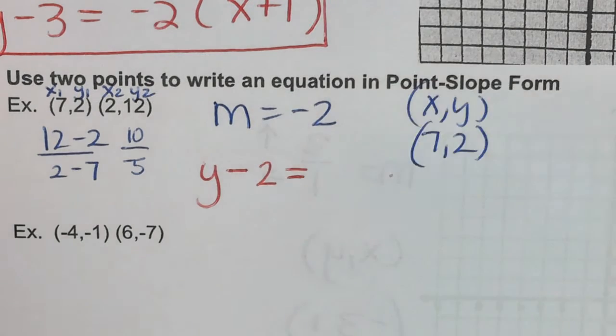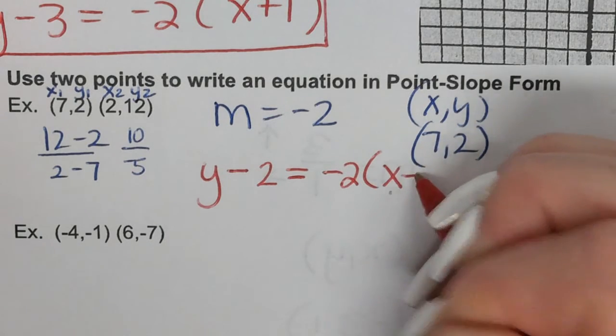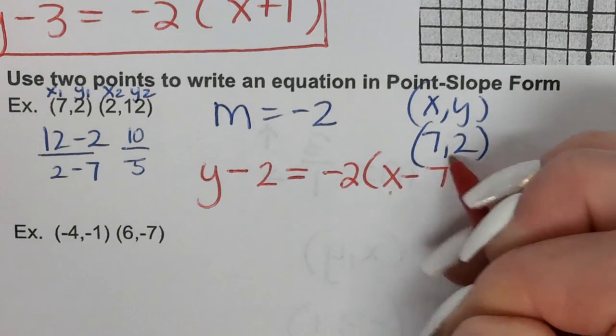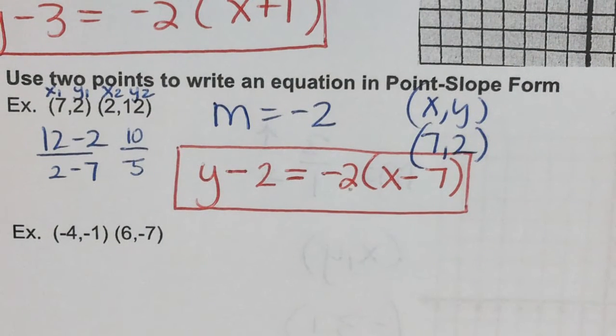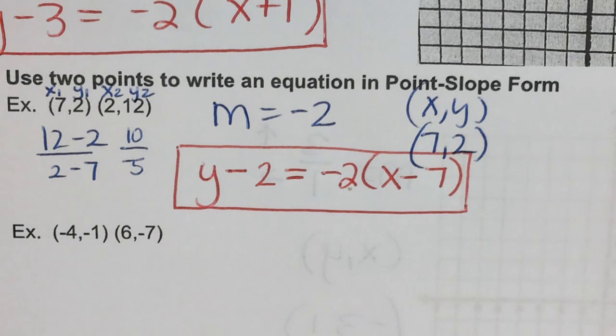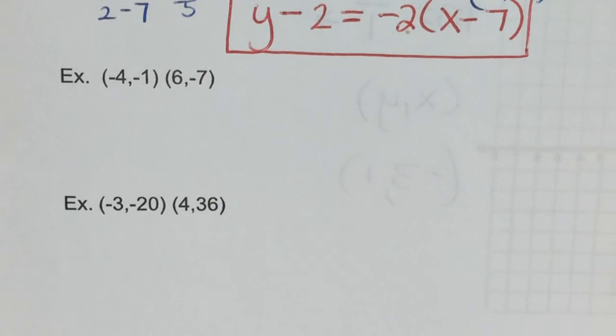Equals my slope, open parentheses, x minus my x coordinate, which is 7. Questions? All right, I want to try the next one on your own. Go.